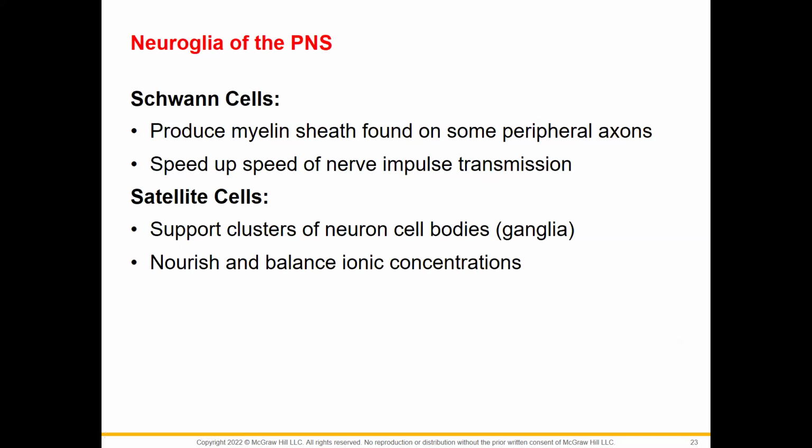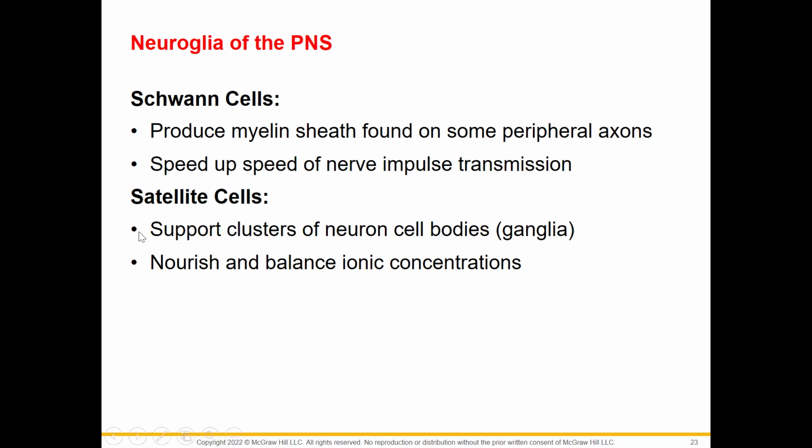Anytime you insulate an axon, you make it such that that axon can send its signal to the next cell with increased speed. So Schwann cells will have the job of speeding up those nerve impulse transmissions because they're insulating the axons that are carrying those transmissions.